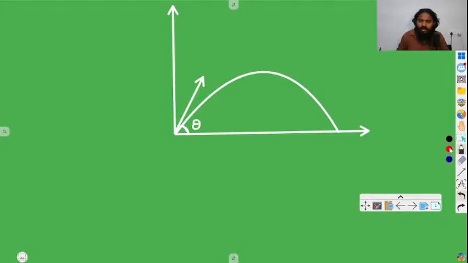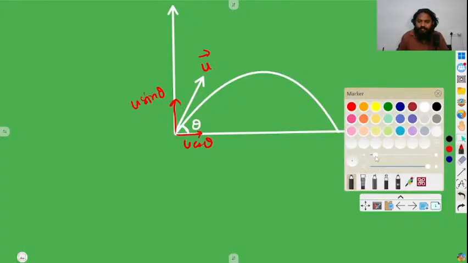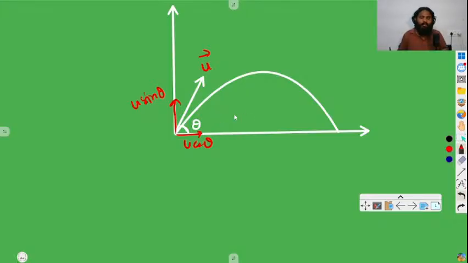Now I can tell that this initial velocity vector can split into two components, one is u cos theta and another one is u sin theta, right?